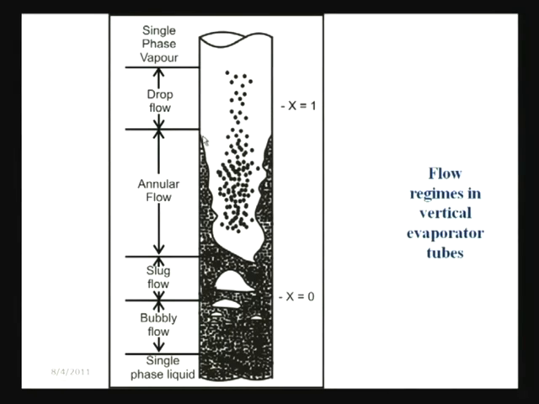Therefore, some amount of the liquid gets entrained in the vapor phase. So, therefore, due to the coupled effect of entrainment and vaporization, the liquid film starts to get depleted. Okay? And then finally, a situation arises when there is no liquid film and there are only liquid droplets in the vapor phase. This gives rise to the droplet flow pattern. After the droplet flow pattern, of course, the entire liquid, when it has vaporized, we come to the single phase vapor region as shown here.